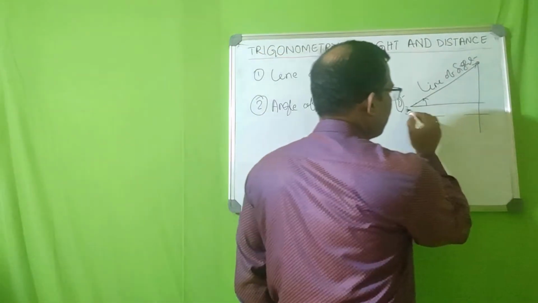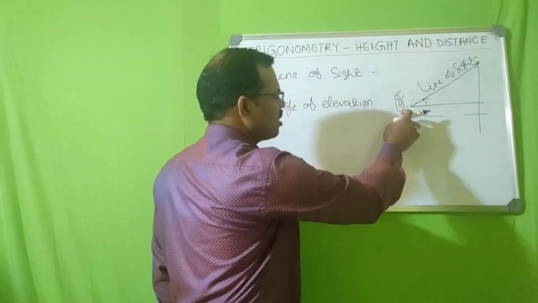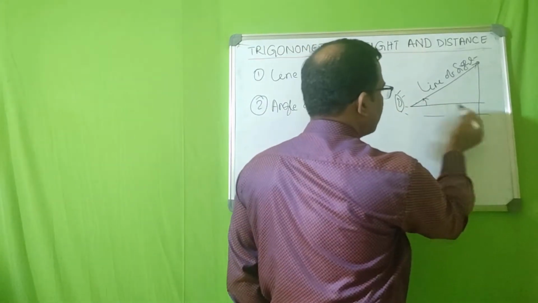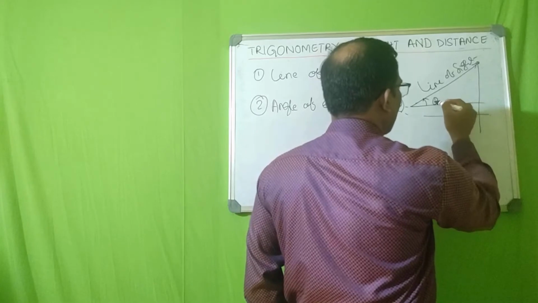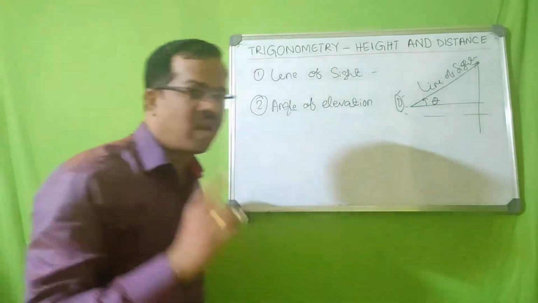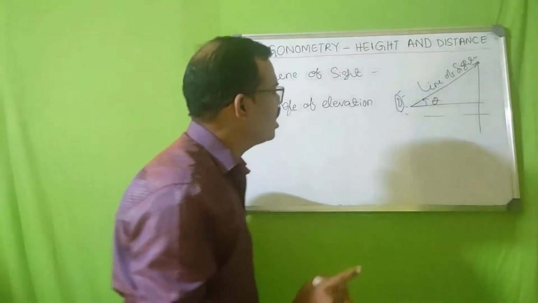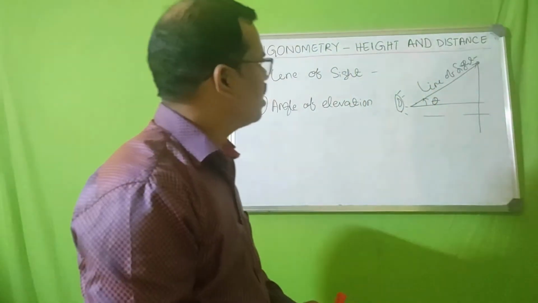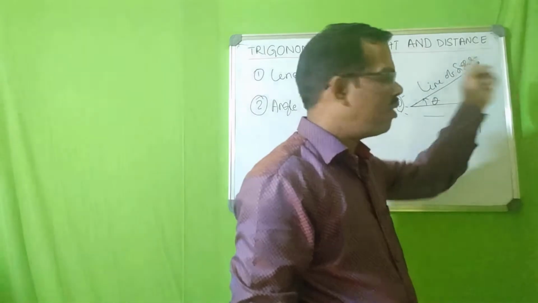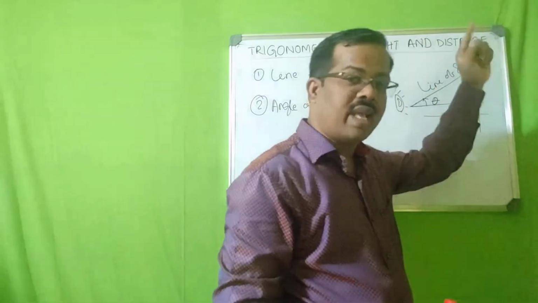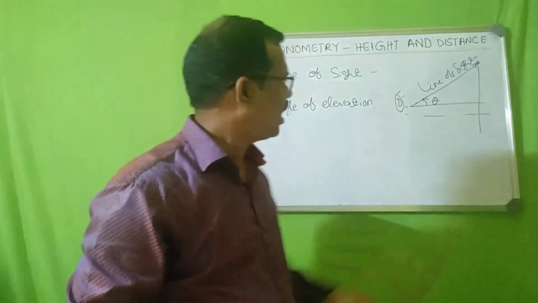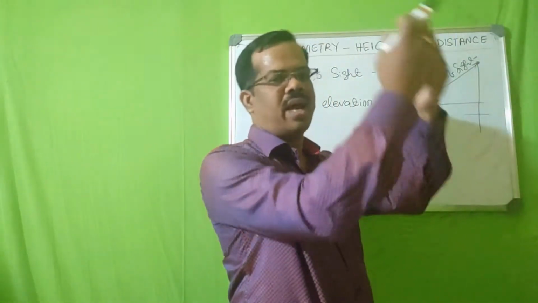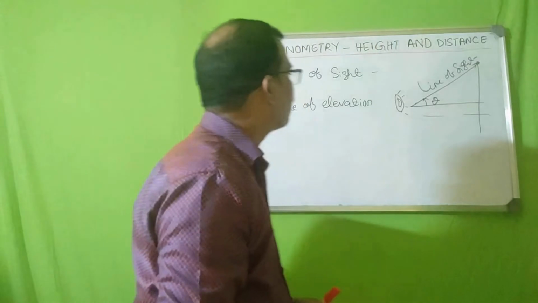So, if I draw a horizontal line which is horizontal to my eye, then the angle between the horizontal line and the line of sight will be called the angle of elevation. Why is it called angle of elevation? Because it is towards the upper side. That means the object I am trying to see is higher than me, right? So that is why we call it the angle of elevation. Elevation means height, upper side, right?